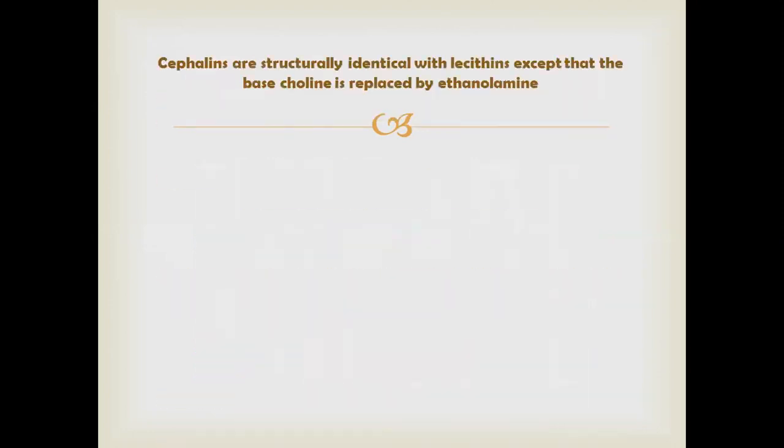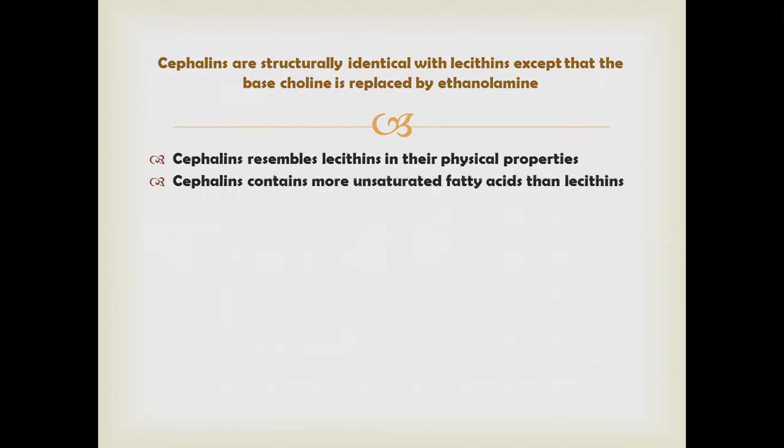So cephalins are structurally identical with lecithins, except that the base choline is replaced by ethanolamine, as we discussed earlier. Cephalins also resemble lecithin in their physical properties. Cephalins contain more unsaturated fatty acid as compared to lecithin.